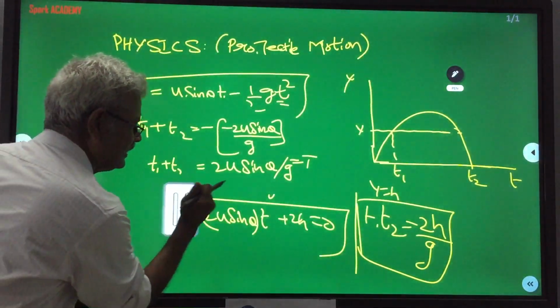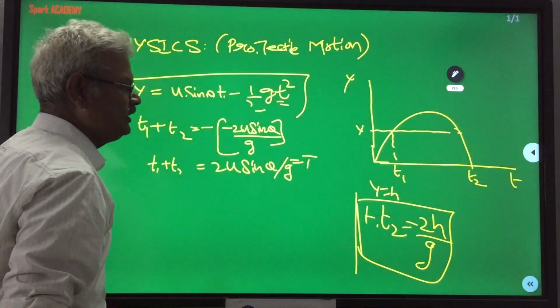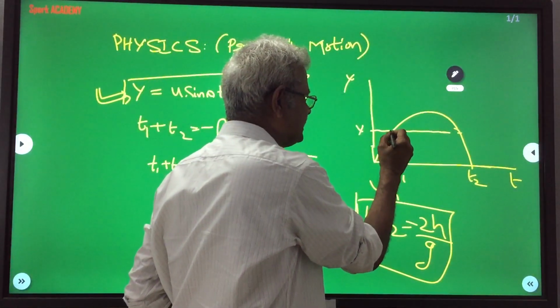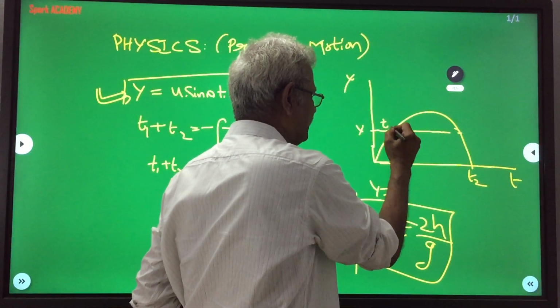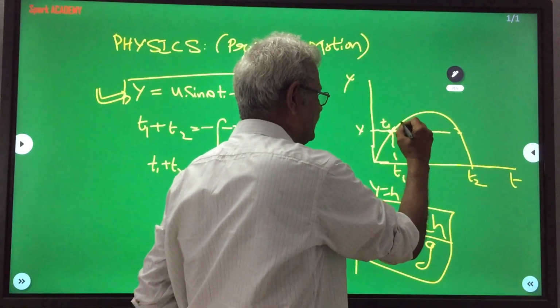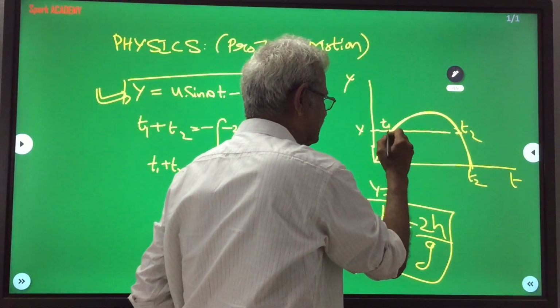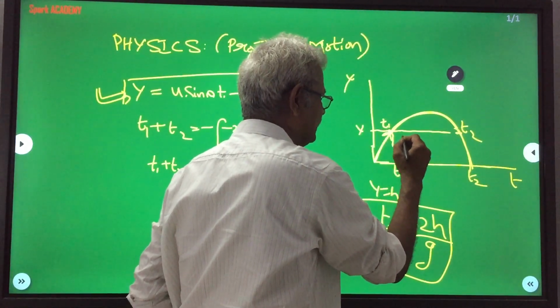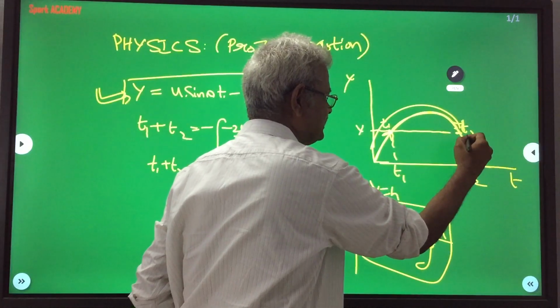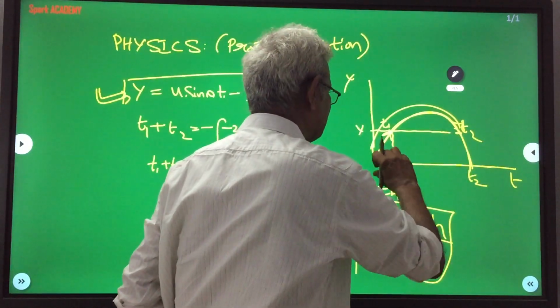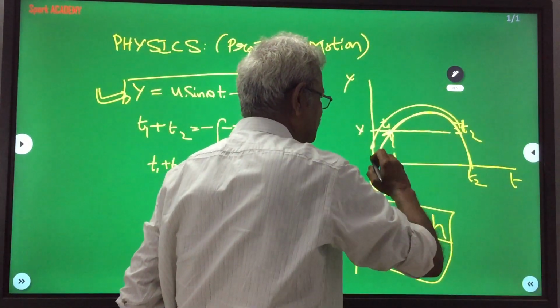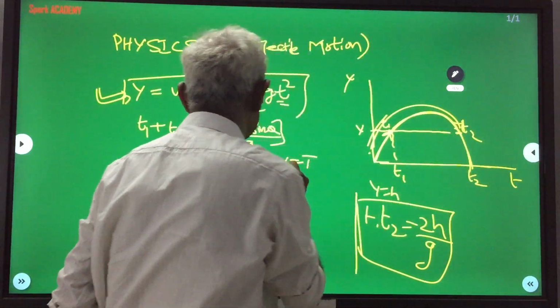So that means here, when you take this, a projectile reaches a point at time T1, and from here to here it takes how much time to reach here? T2. So when this is from here to here T1 and this entire thing is T2, this is also how much? T1 only. So therefore T2 plus T1 is the time of flight.